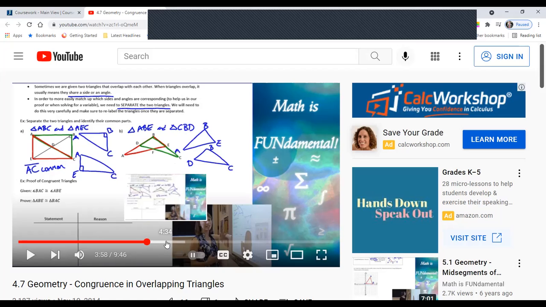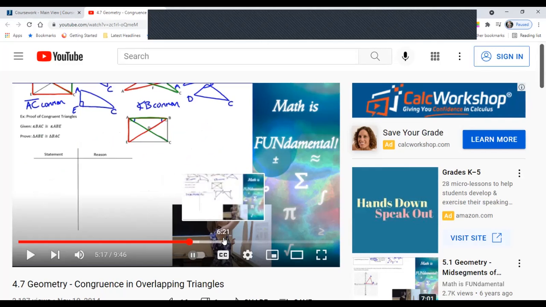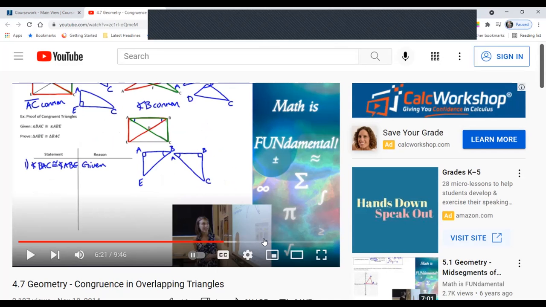And then you can prove that these two triangles are congruent. So this is the step. She just wants to show this one.